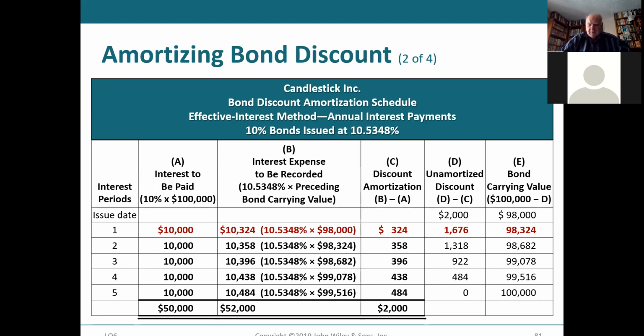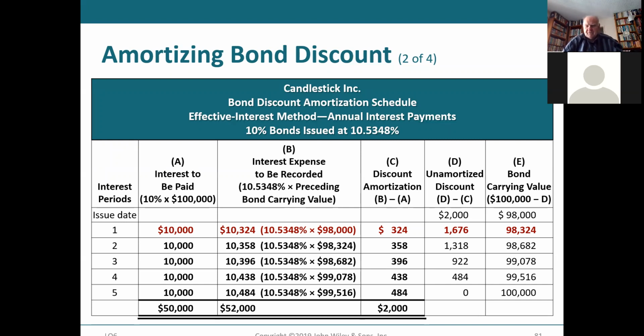Effective interest rate. I'm going to give you a formula that you need to write down and have in the back of your head. The carrying value of the bond, the net book value of the bond, times the market rate equals the total interest expense. I'm going to repeat that.